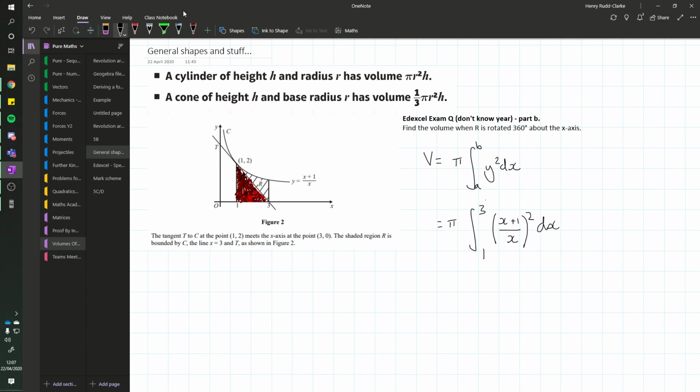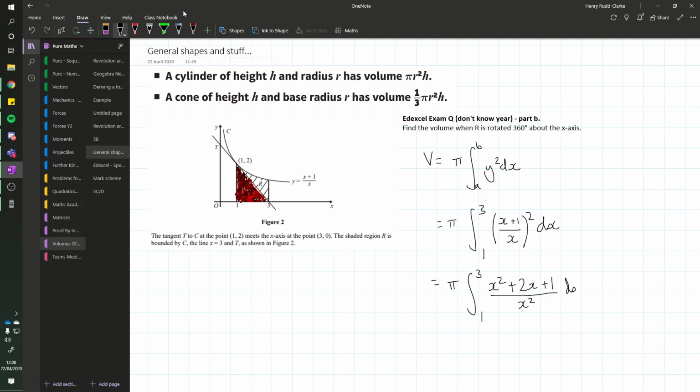And we're just going to figure this out. So we're going to have pi times, between 3 and 1, if we work this out, it's going to be x squared plus 2x plus 1 all over x squared.